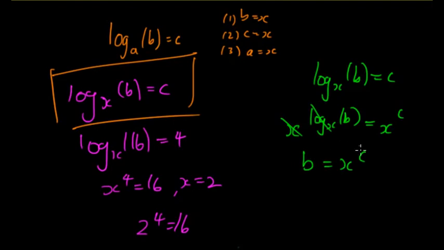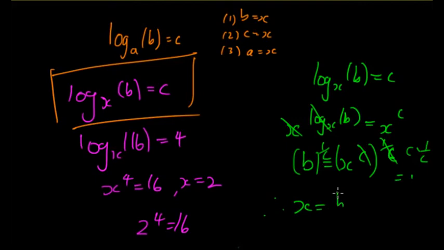Then we can get rid of the c by putting each side to the power of 1 on c. These give us 1, because c times 1 on c will give us 1. Therefore, we're left with x is equal to b to the 1 on c.